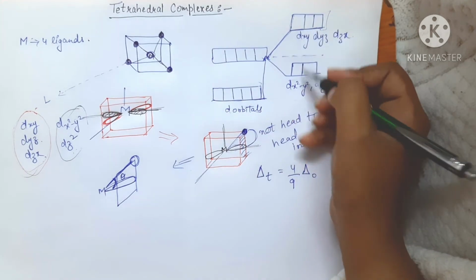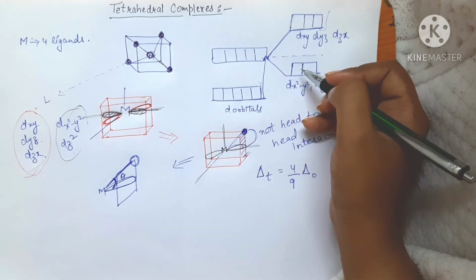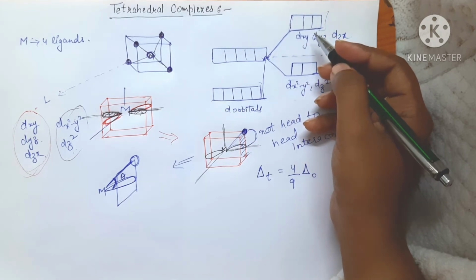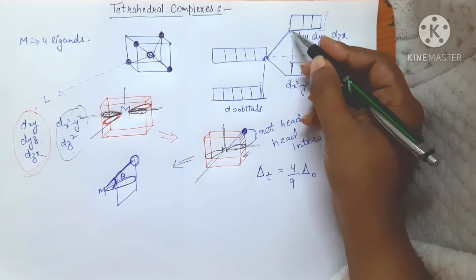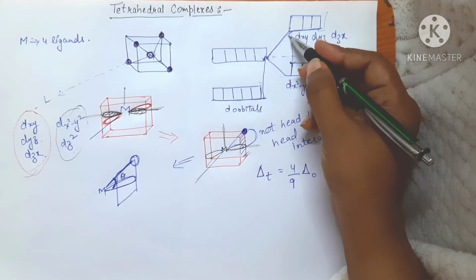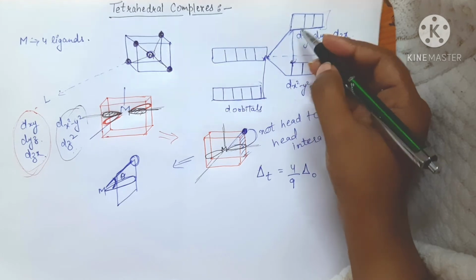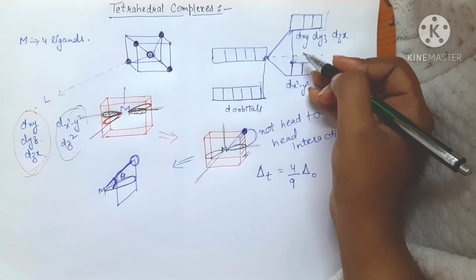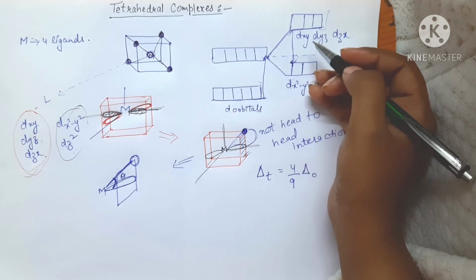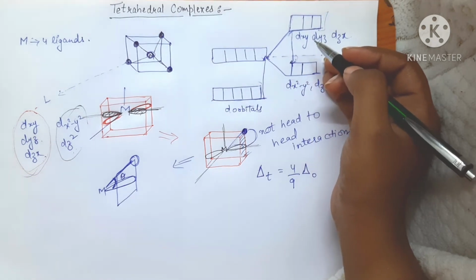So the splitting in tetrahedral complexes is opposite to that of octahedral complexes, but remember that this splitting between the d orbitals is less as compared to octahedral complexes, which we are going to study in the next topic, why this is so.